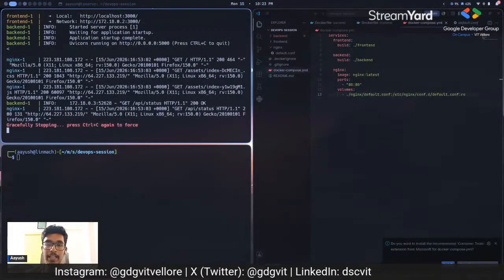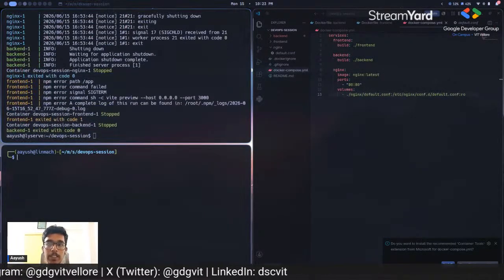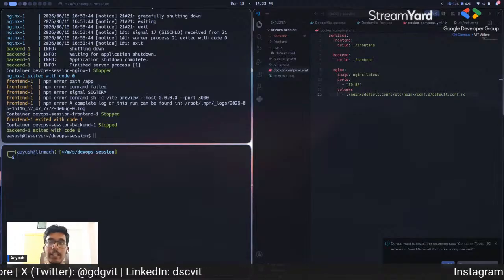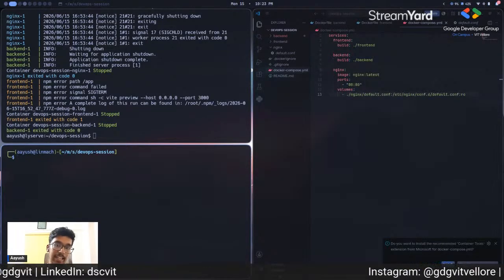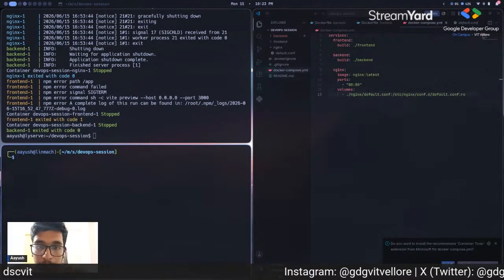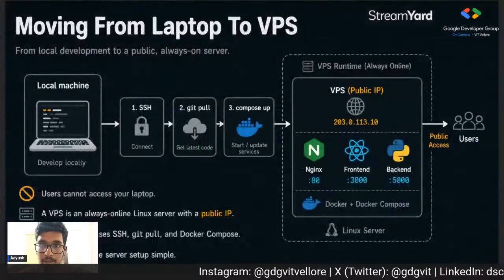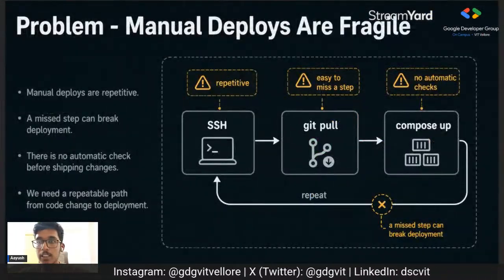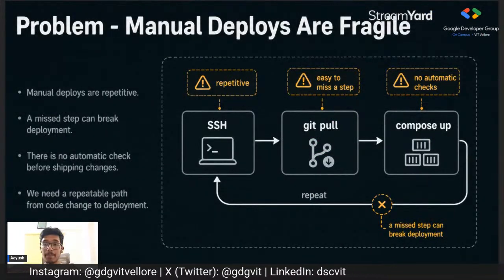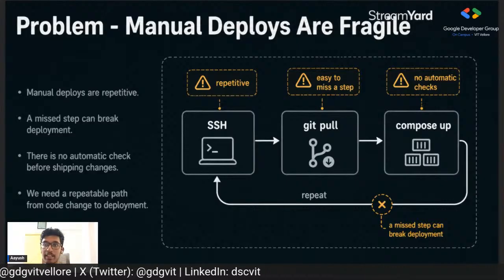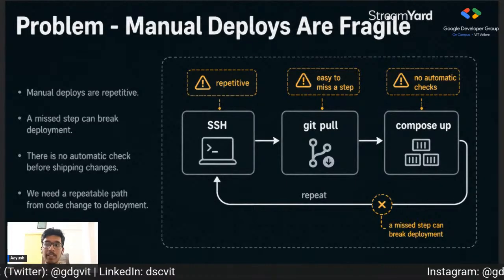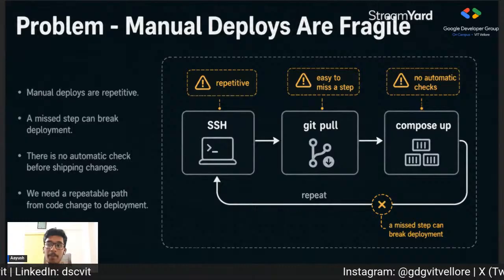Because every time I make a change, I don't want to SSH into it, pull the code and then run Docker compose up again. If I miss any step, it will break the whole deployment.